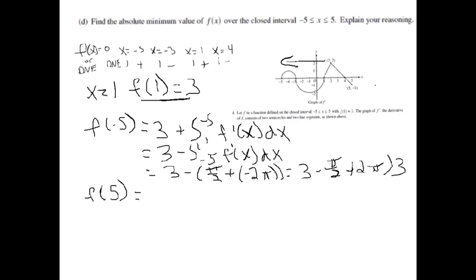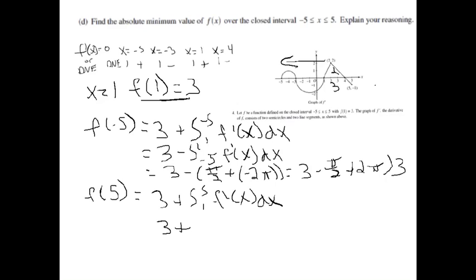When I do f of 5, that's going to be 3 plus the integral from 1 to 5 of f prime of x dx, the exact same concept. Now it's a lot easier because all I'm talking about is triangles. If I look up here at the picture, this base is 3, this height is 2, 1/2 base times height.